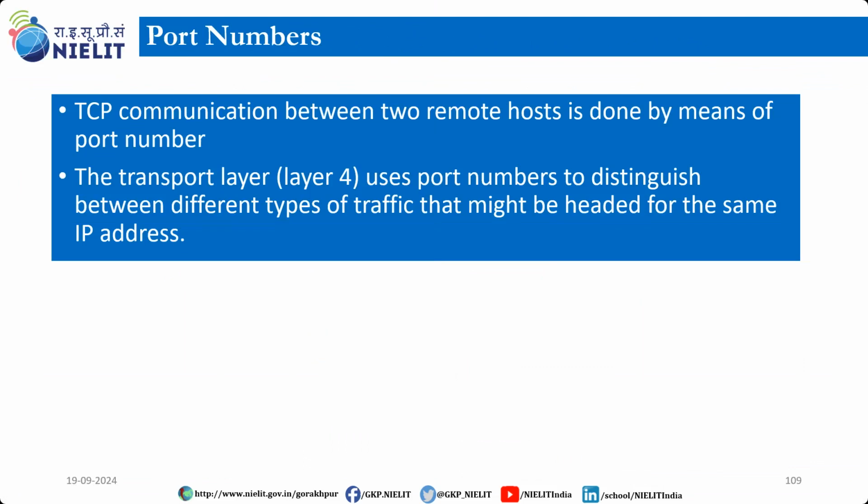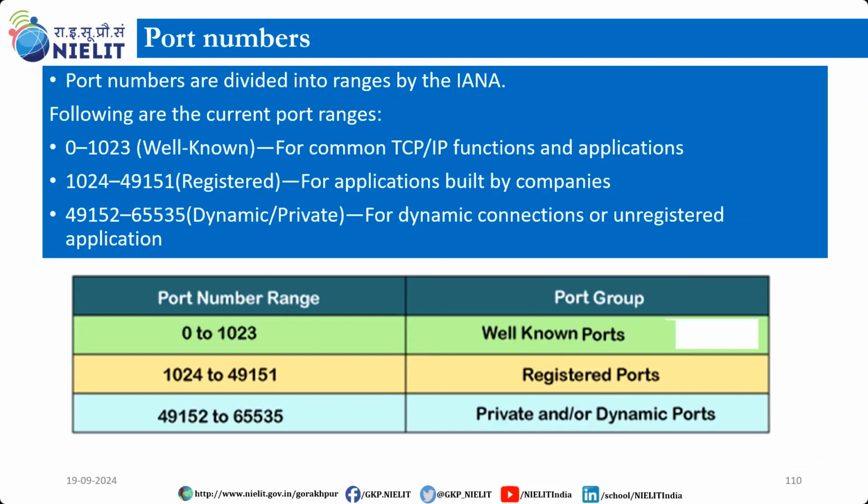This port number actually exists at the transport layer. Both UDP and TCP use port numbers. It depends on whether the application is using TCP or UDP; accordingly, the appropriate port number will be used by the application.